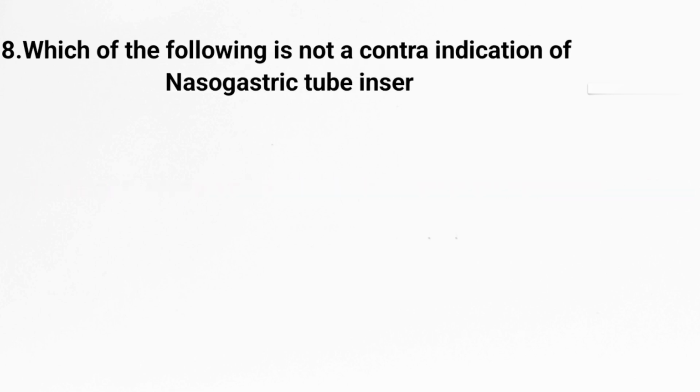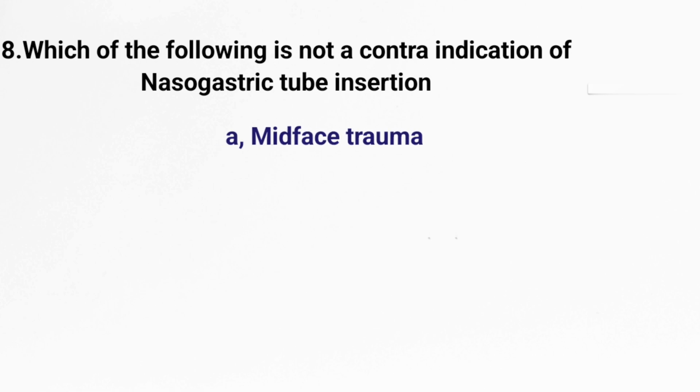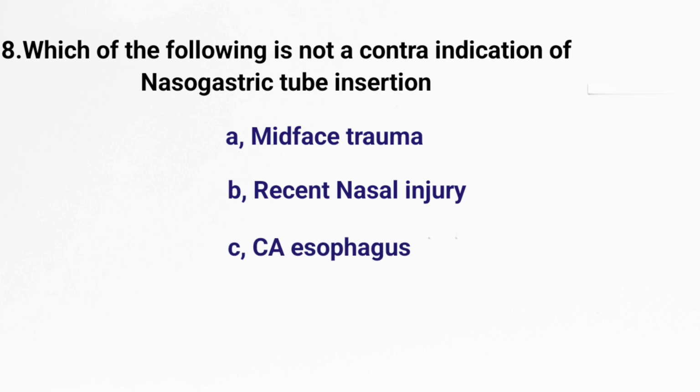Question number 8. Which of the following is not a contraindication of nasogastric tube insertion? Option A. Midface trauma. Option B. Recent nasal injury. Option C. CA esophagus. Option D. Esophageal varices. And the answer is option C. CA esophagus.